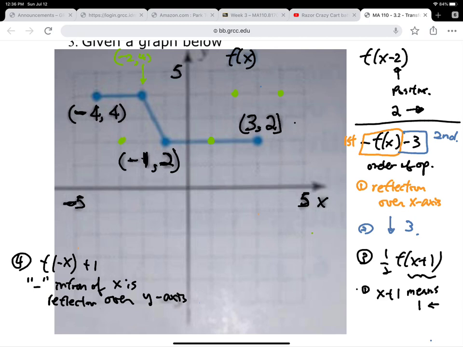So this is what our graph will look like. Then, plus 1. Plus 1 outside of the function means 1 up. So then we move everybody 1 up.